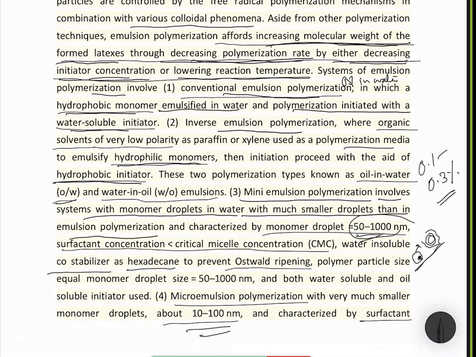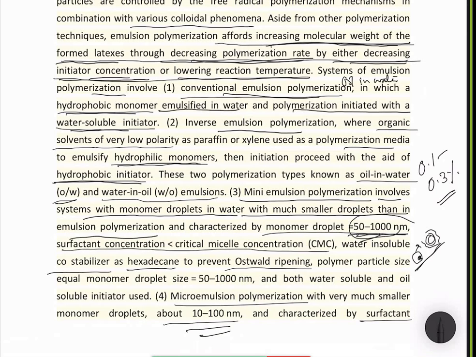Whatever be the size of the droplets of monomer in conventional emulsion polymerization, in mini emulsion polymerization the droplet size is even lower than that, and that way it is called mini emulsion polymerization, and the droplet size is between 50 to 1000 nanometer, and for that the surfactant concentration should be used much higher than what is being used in case of emulsion polymerization, and that surfactant is what we call a stabilizer or emulsifier that is being used in case of emulsion polymerization.